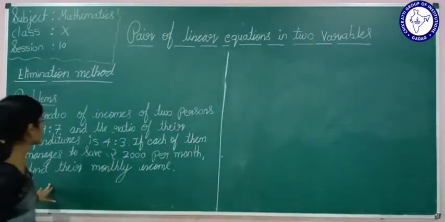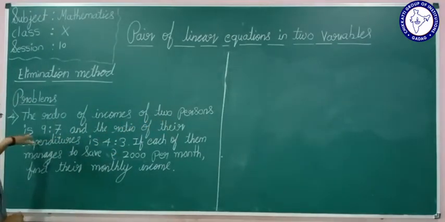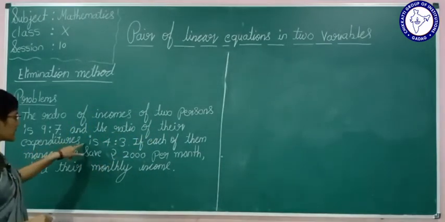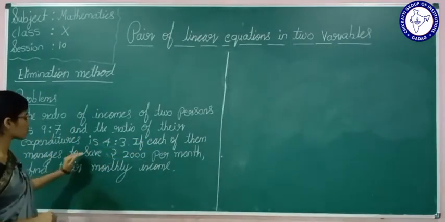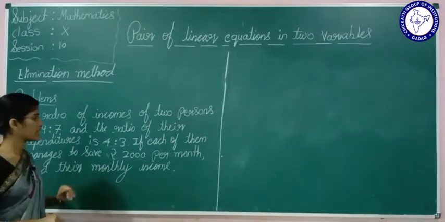The fourth problem tells us that the ratio of incomes of two persons is 9:7 and the ratio of their expenditure is 4:3. If each of them manages to save rupees 2000 per month, find their monthly income.